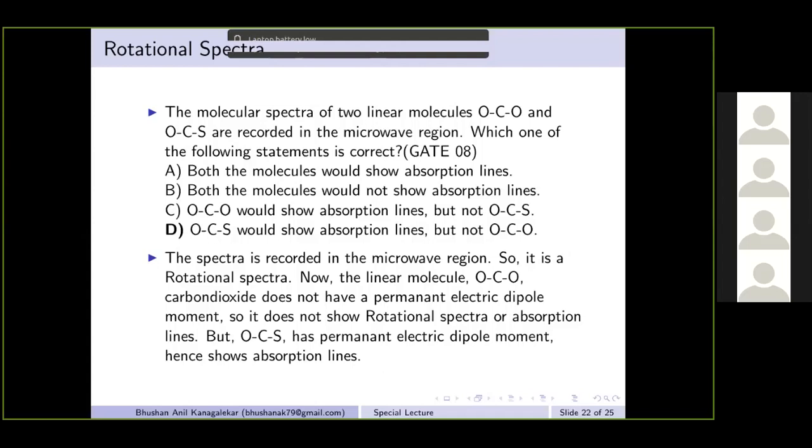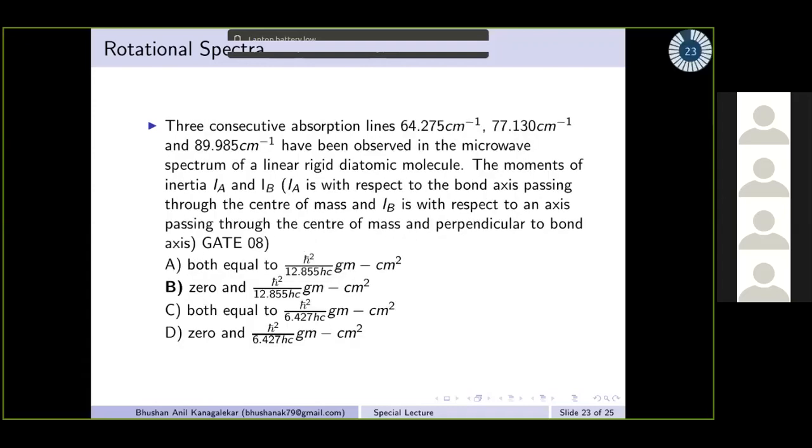So we have written CSO shows absorption lines, and CO2 does not show absorption lines. So CSO has got a permanent electric dipole moment and shows absorption lines. Okay, so this is the D option, which is correct. This is regarding which molecules will show the rotational spectra and which do not.